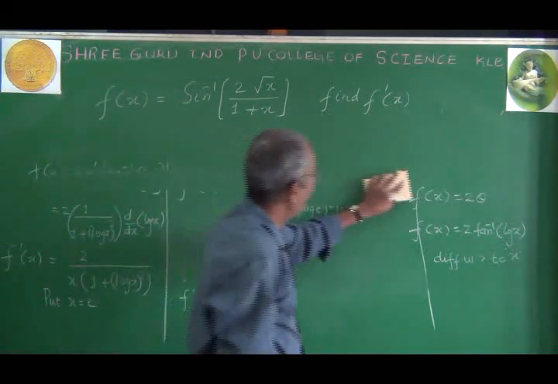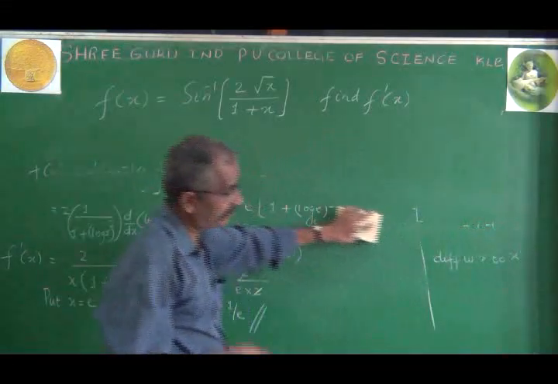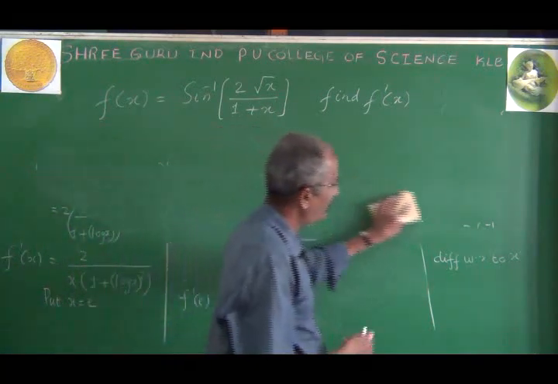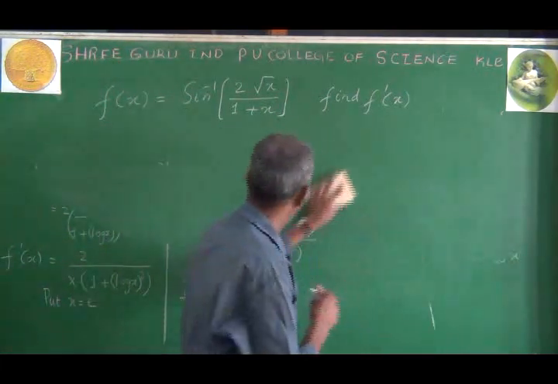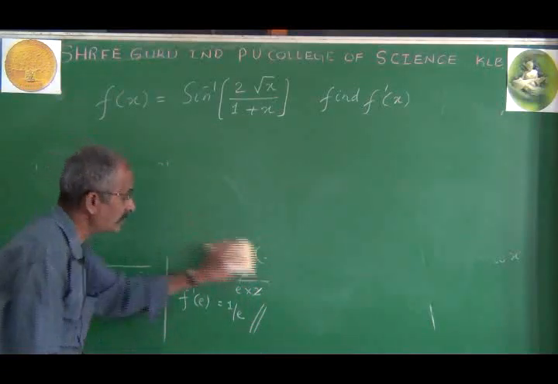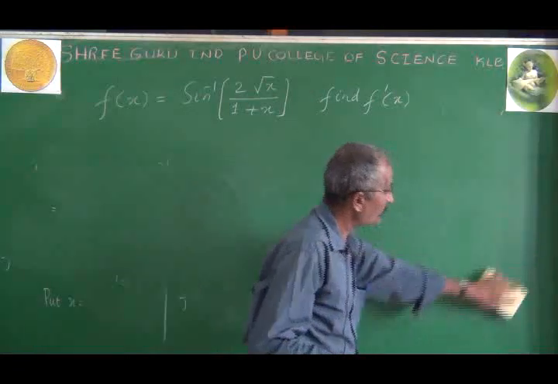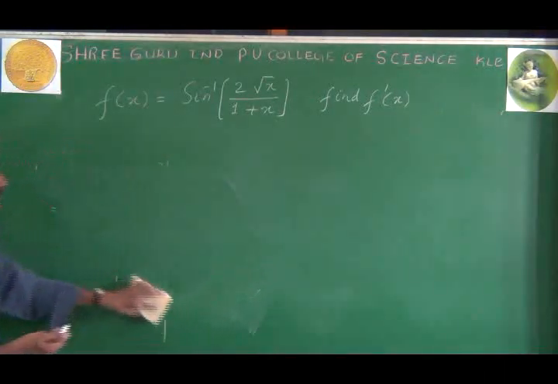So one can directly differentiate, but it becomes somewhat complicated in simplification. So let's go for the method of substitution, because it is in that format. Before we go for substitution, we shall write one step as an adjustment step, so that we can come to formula format.